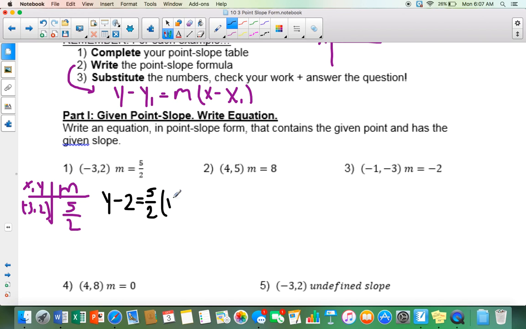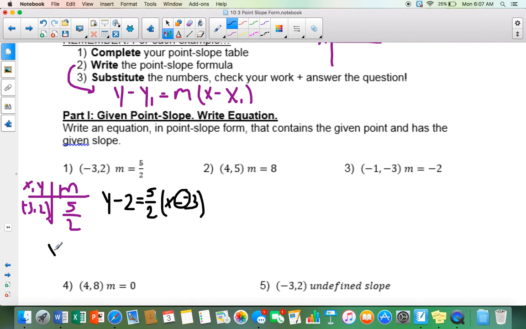times x. Now this is a tricky one because our equation says x minus, and x1 is a -3. Now just because we have the minus doesn't mean we don't write the negative. But since we've talked about this, when we see minus a negative, that really means plus.